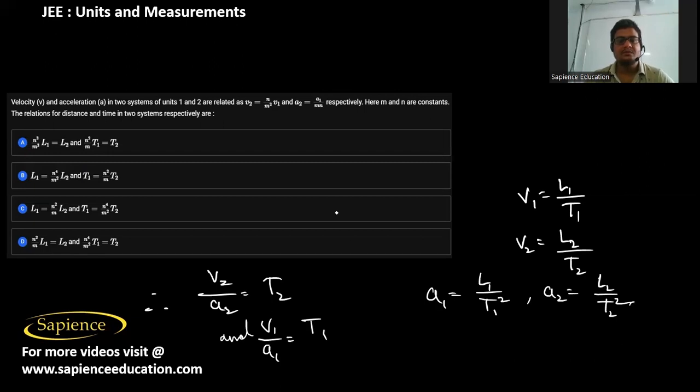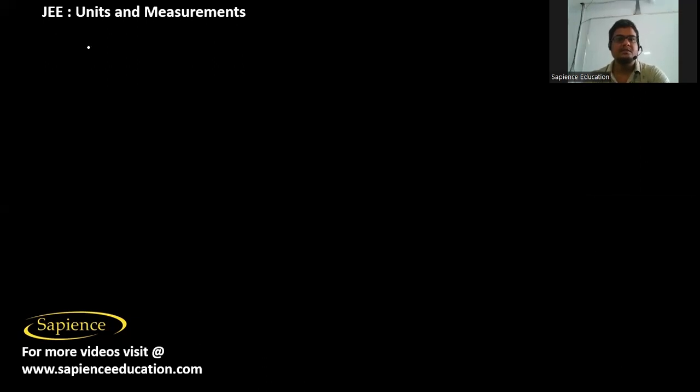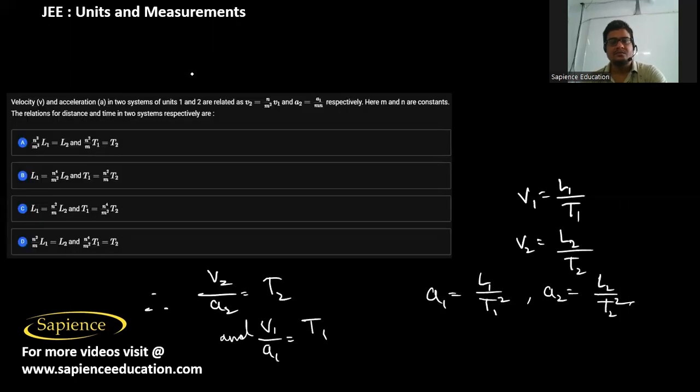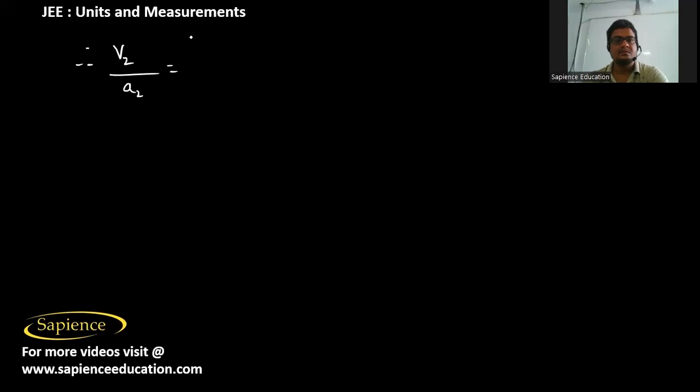So if we divide the first equation by the second equation, we will get v2 by a2 equals n by m square v1 divided by a1 by mn.